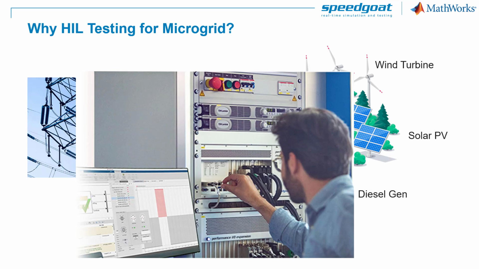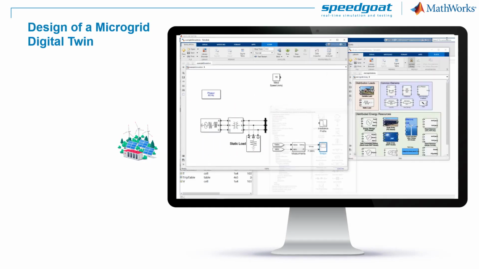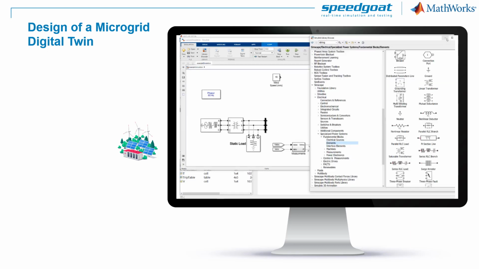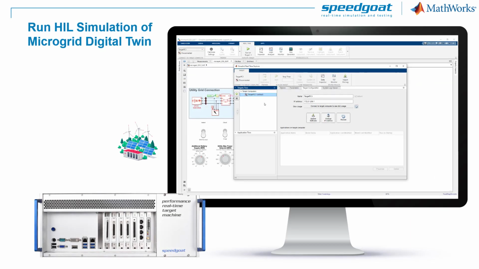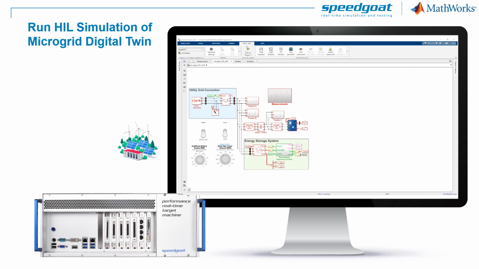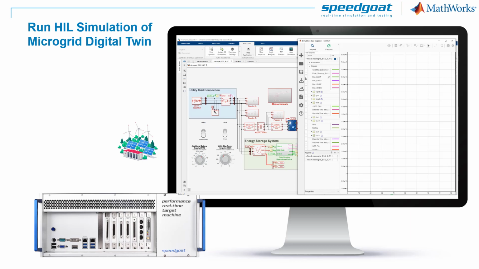First, you can build a model of your microgrid system, so you can do simulation. We will show you later what tool to use and how to do this. After you have your model, you can implement it into a real-time target machine, and we will show you later what to choose and how to do it.